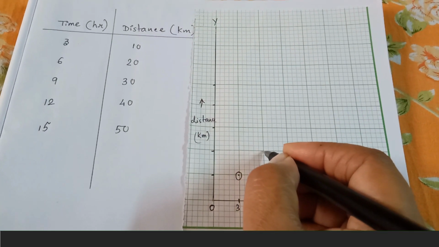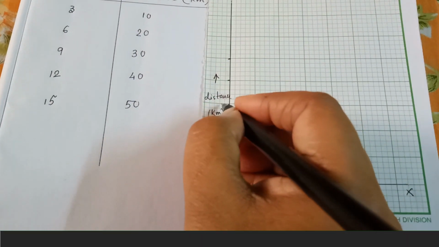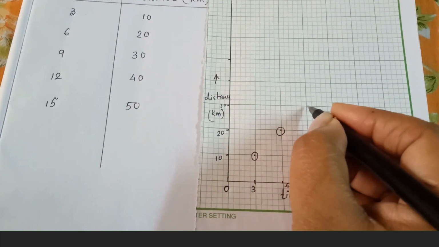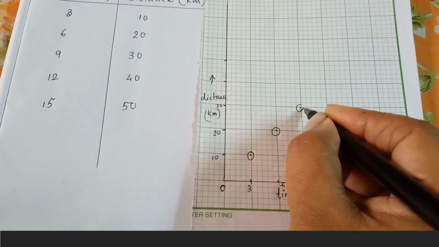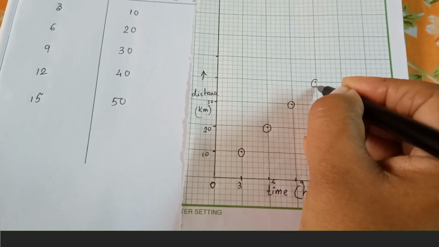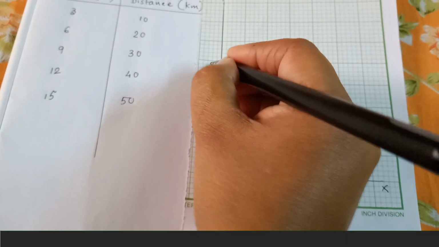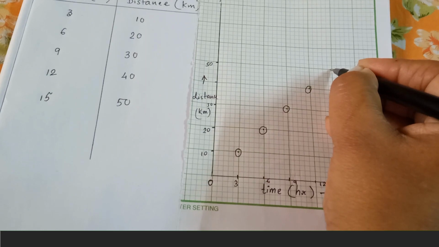Then 20 kilometer, then 30 kilometer in 9th hour, so giving it accordingly, and then 40 kilometer in 12th hour and 50 kilometer in 15th hour.